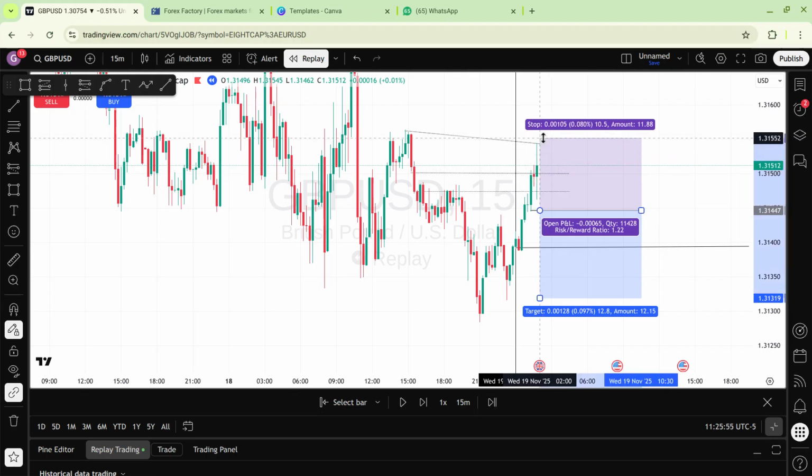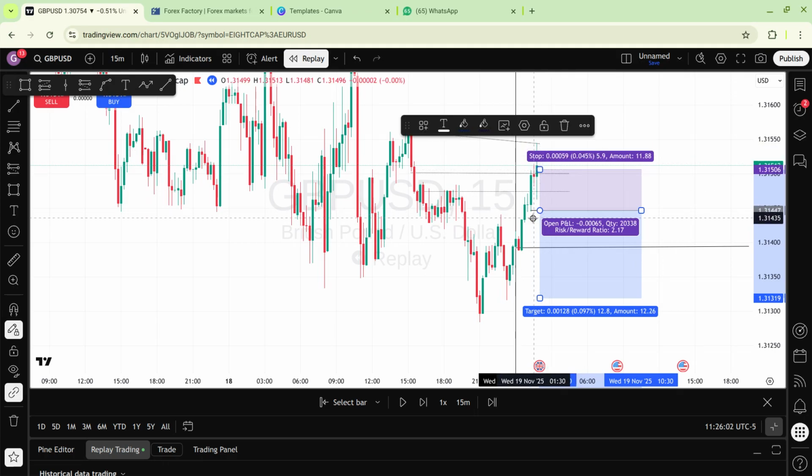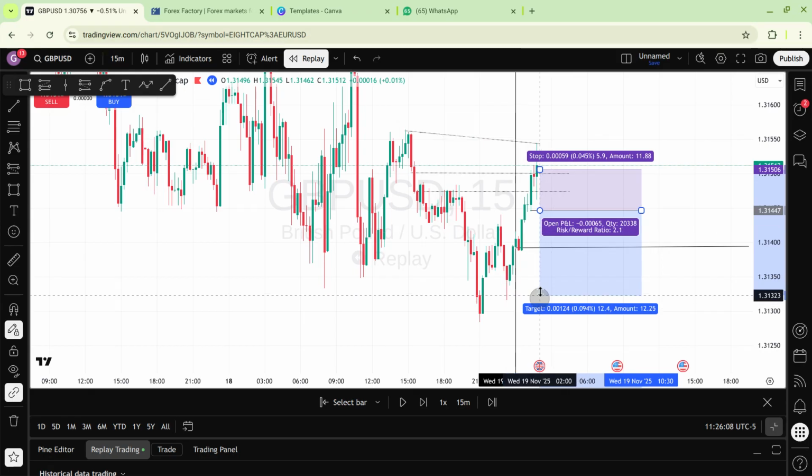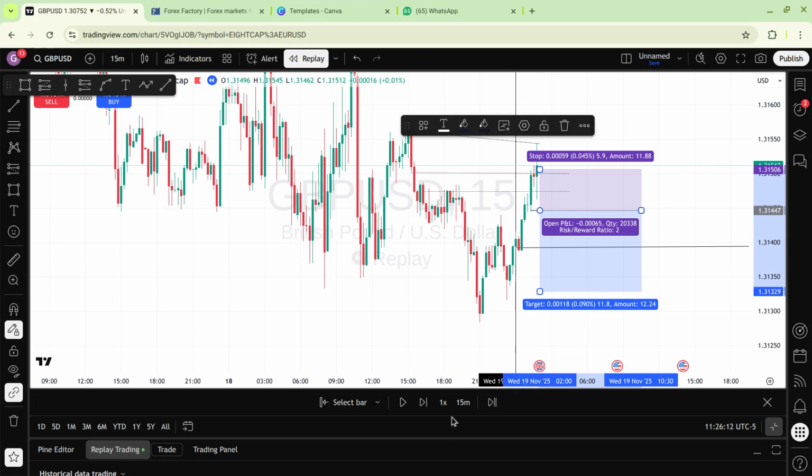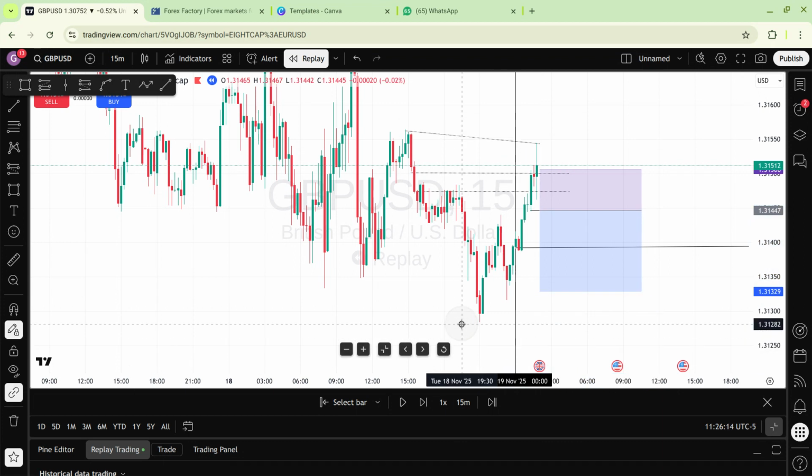Sometimes I'll have setups where I'll go conservative and just use the high, but most times one side should be your entry and one side of the candle should be your stop loss, with a risk to reward ratio of 1:2. So now I was ready with my sell positions. I entered 10 seconds before 2 a.m. New York time, and let's just see how that played out.